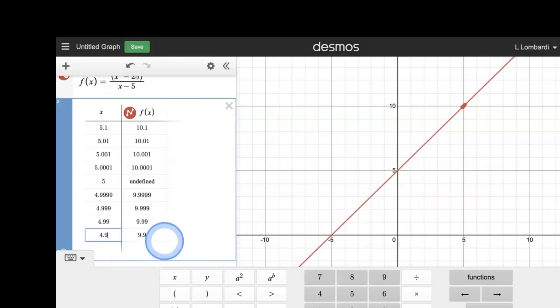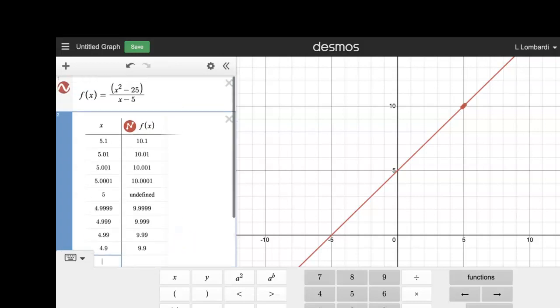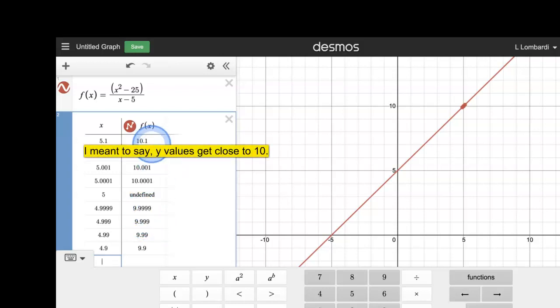Okay, so look at this table. You can see that as x approaches 5 from the left, the y values are going from 9.9 to 9.99, 9.999, and so forth, very close to 10. Same thing is happening coming in from the right.